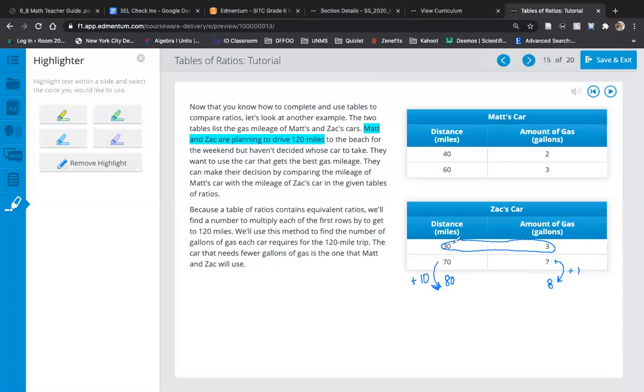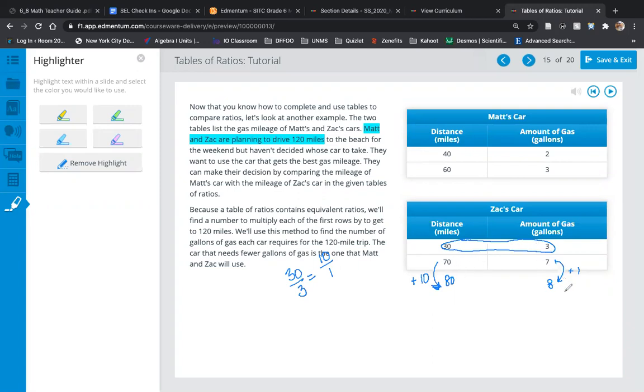If you go 30 miles in 3 gallons, and I simplify this ratio, 30 over 3 simplifies down to 10 over 1. So you can get that from here too. You could also get it from here. Remember, you can find this equivalent ratio from any row on your table.